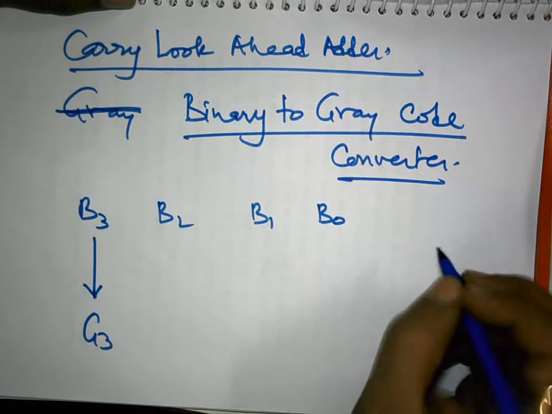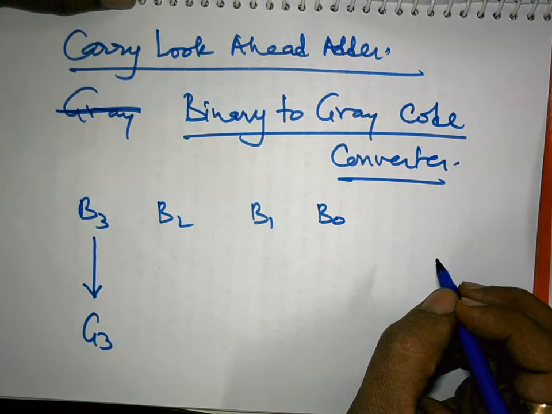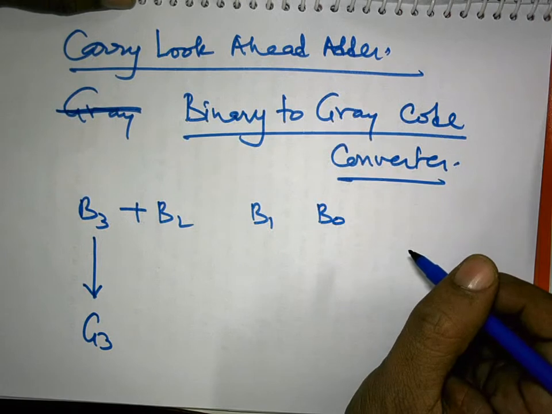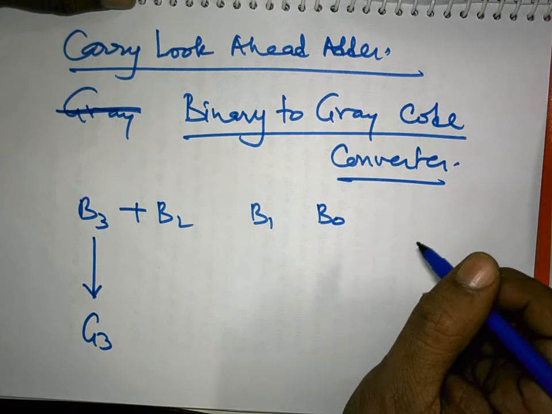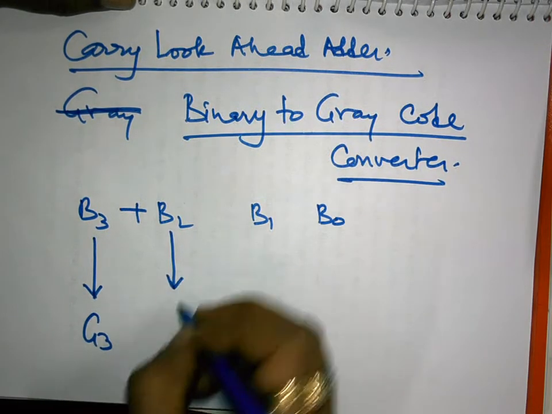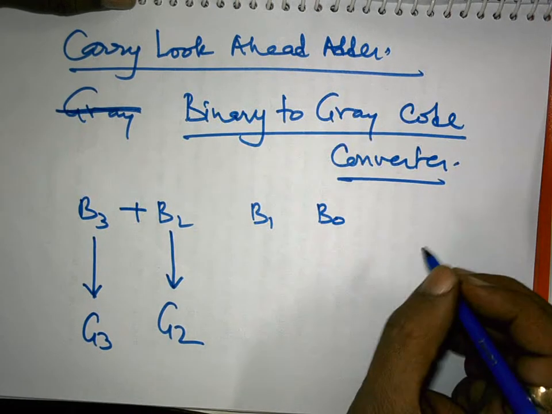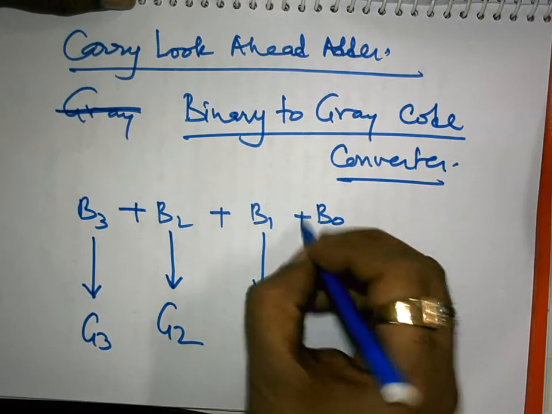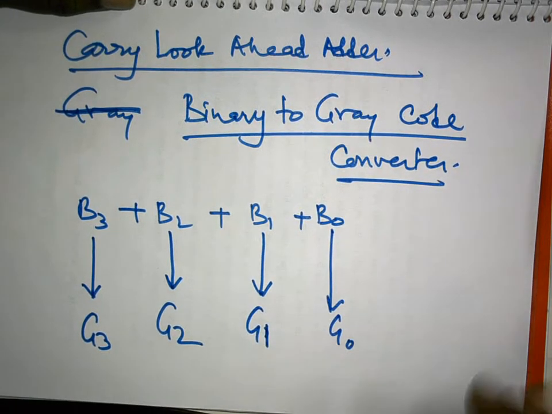This will give you bit 3, the MSB bit of the gray code. Then you take the addition between these two and put the result as G2, and then the same process for G1 and the same process for G0.